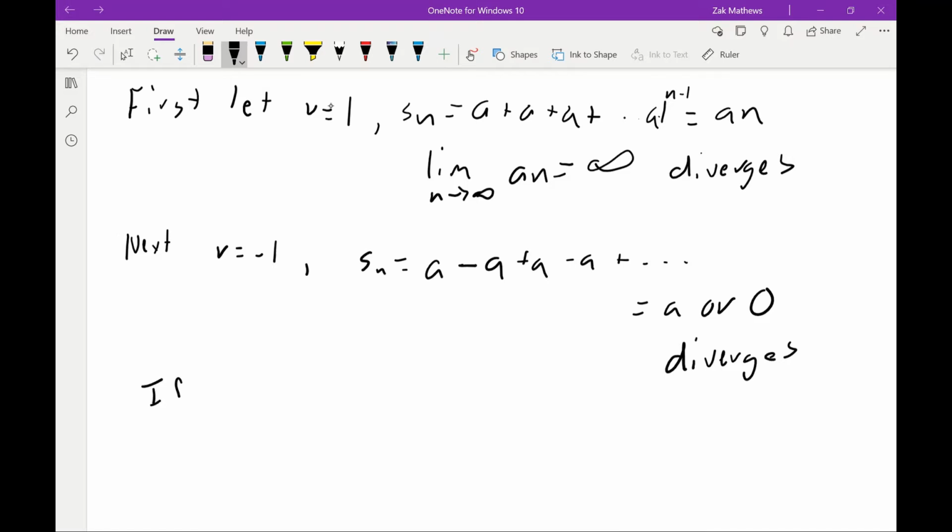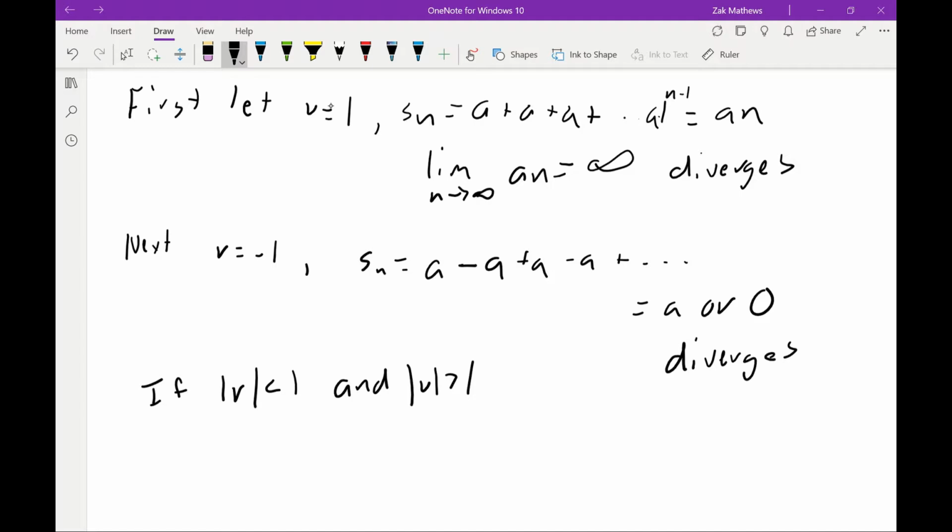What if our r value is less than 1? And what if the absolute value of the r value is greater than 1? We'll consider strictly the positive cases, greater than 1, less than 1, and then we'll talk about the negative case.